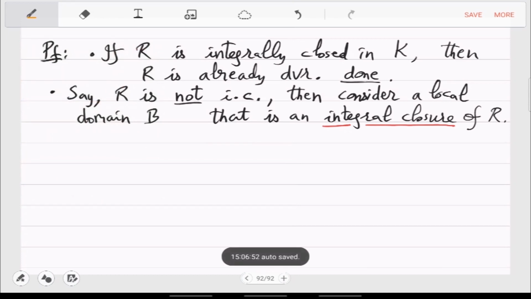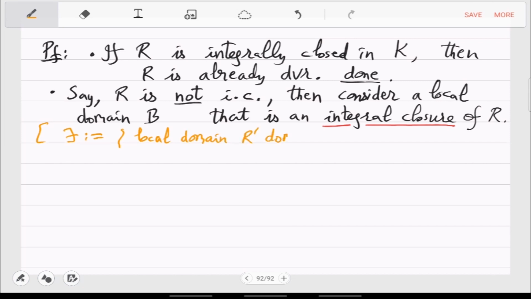So formally, you just define this set F, which is the collection of all local domains R prime dominating R, such that 1 is not in the maximal ideal of R prime.